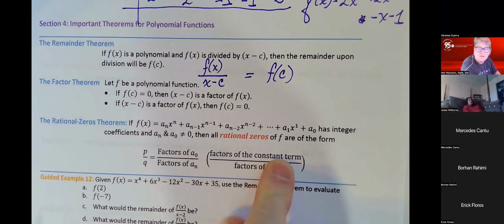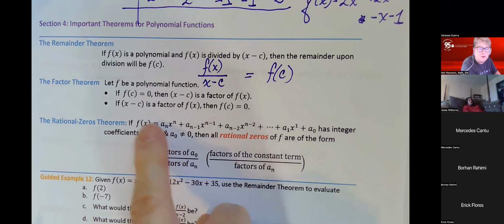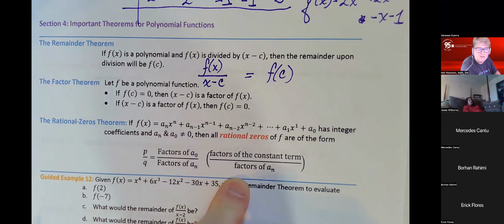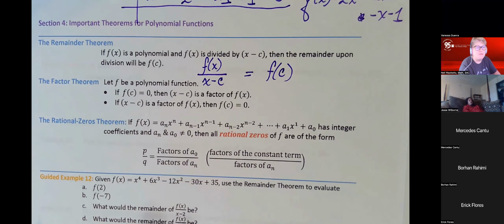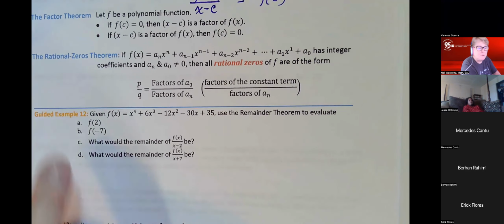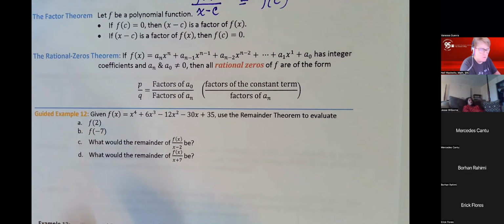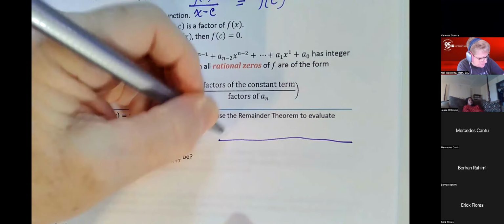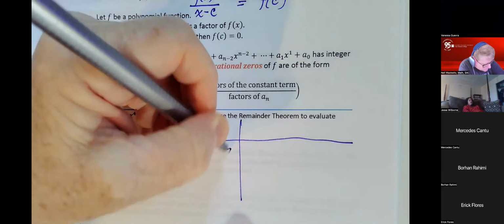So all the factors of the constant term divided by all the possible factors of the leading coefficient. First, we're just going to play with the remainder theorem. So if we want to find f of 2, that's the same thing as doing synthetic division, plugging 2 in.